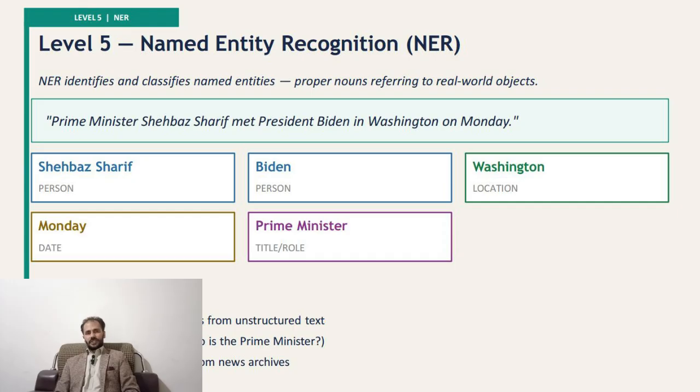In this sentence, Prime Minister Shahbaz Sharif met President Biden in Washington on Monday. The NER system should identify Shahbaz Sharif and Biden as persons, Washington as a location, and Monday as a date. NER is crucial for information extraction tasks, building databases of facts from unstructured text.